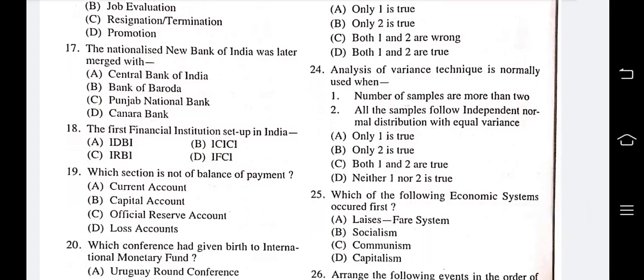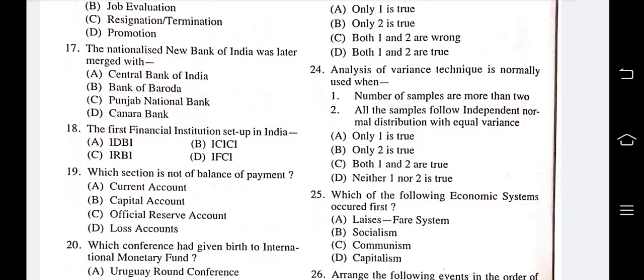The analysis of variance technique is normally used when the number of samples is more than 2. All the samples follow independent normal distribution with equal variance. Both options are true.